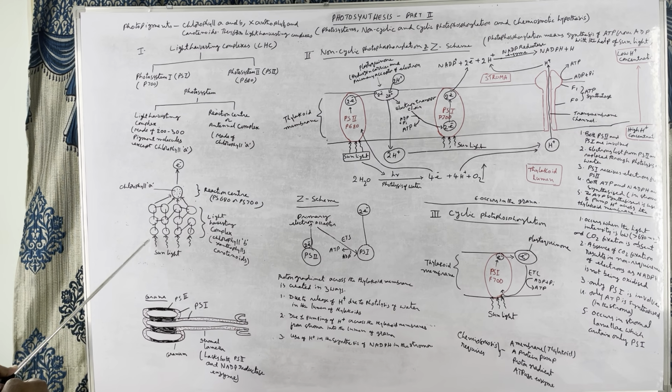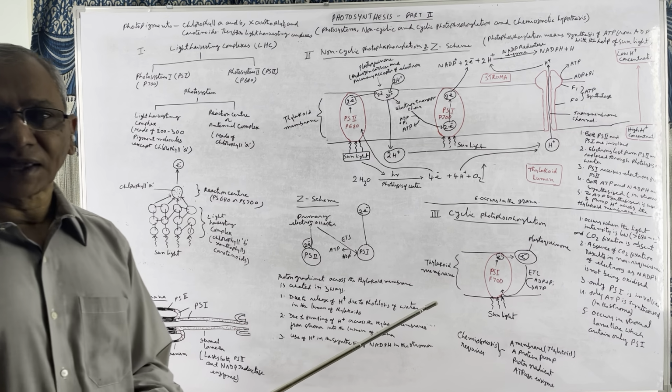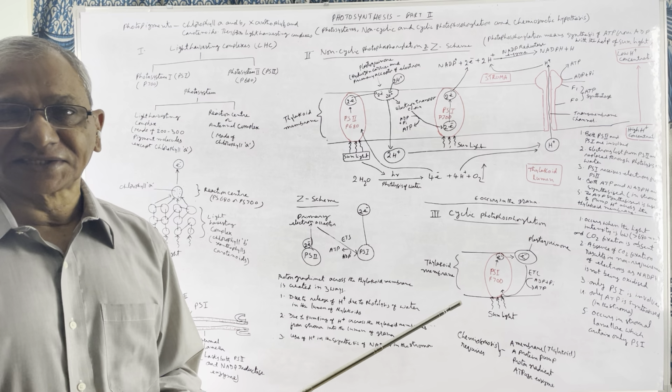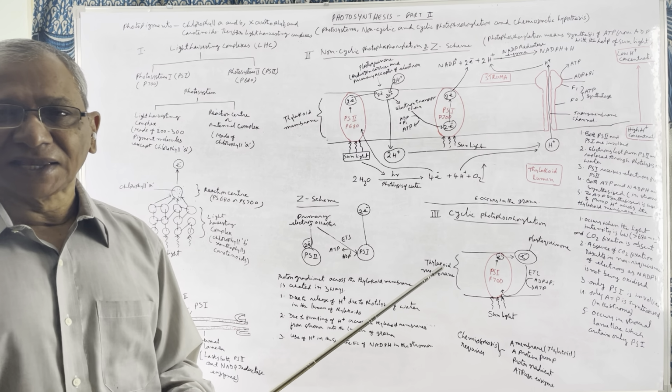All the energy collected by the light harvesting complex is supplied to chlorophyll A or reaction center. In the reaction center, what happens? The electrons get excited and they gain energy.